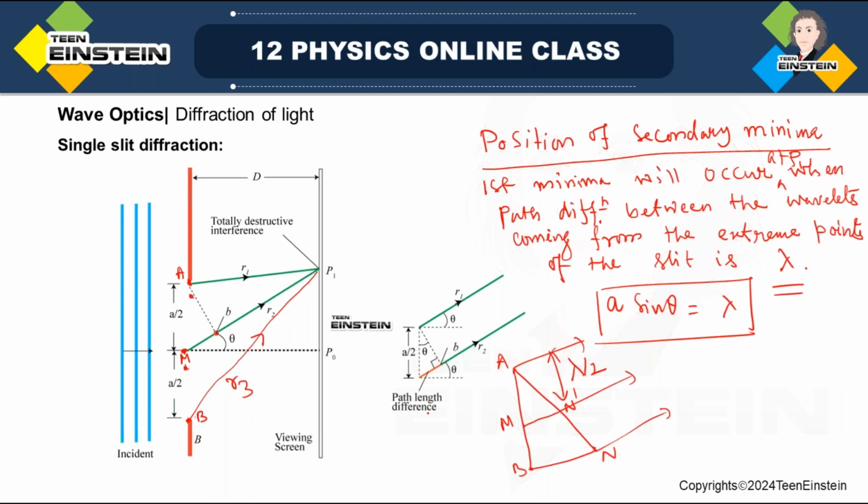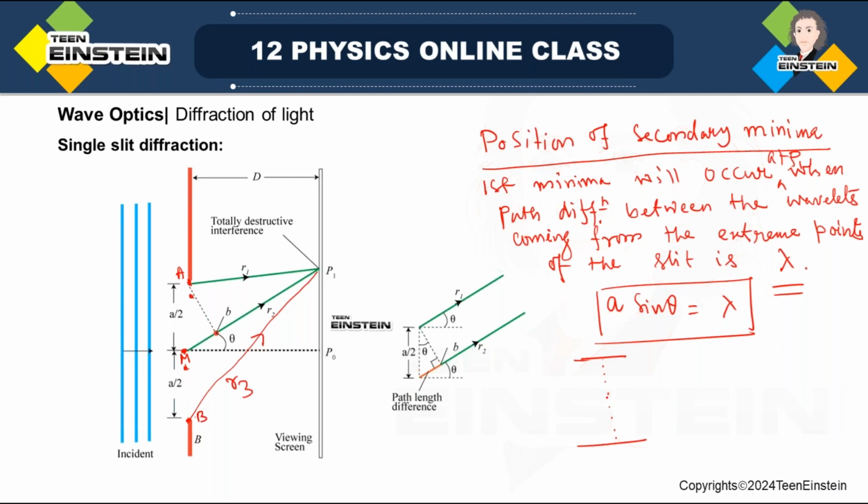I can give you simple numbers so that it will be easier to understand. Suppose I have slit width 10. That means I can make 10 dots like this, 1 2 3 4 5, let me take one more here, so this is 1 2 3 4 5 6 7 8 9 10.